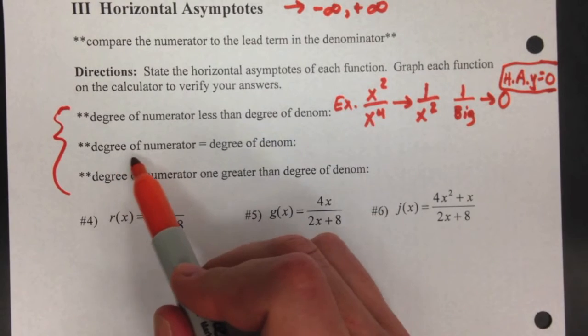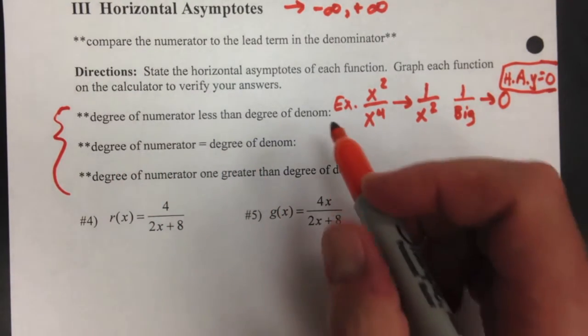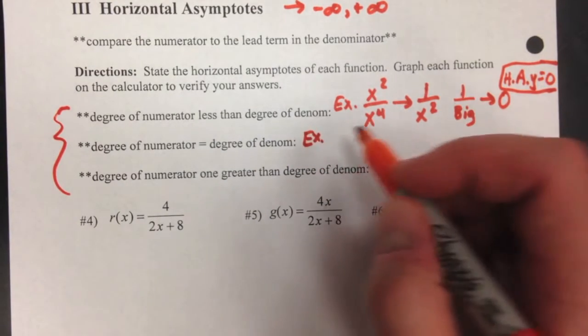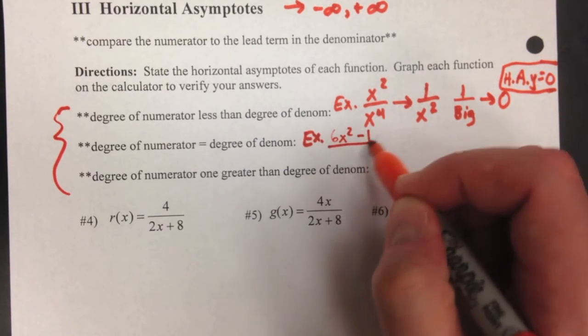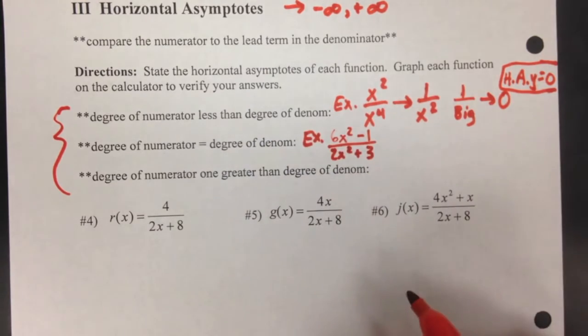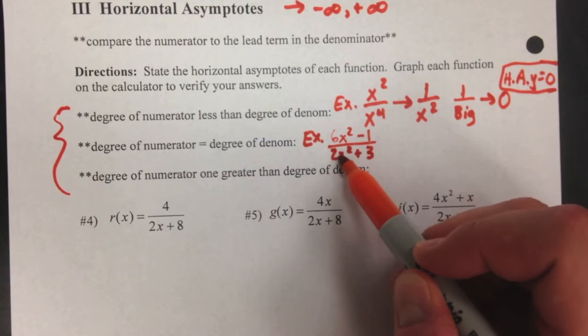What happens if the degree of the numerator equals the degree of the denominator? Let's say that what you had was 6x squared minus 1 over 2x squared plus 3. First of all, I only have to look at the lead term.